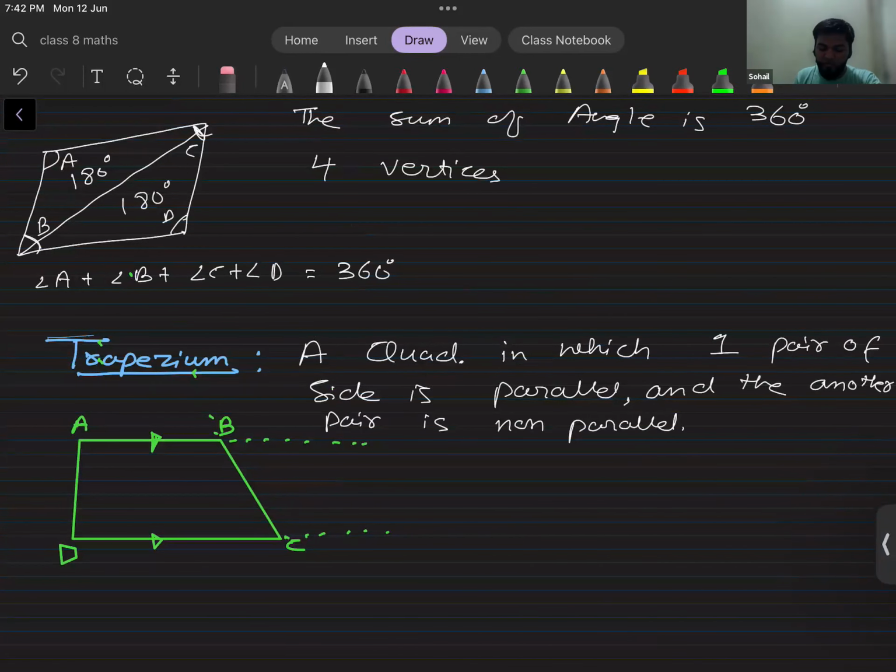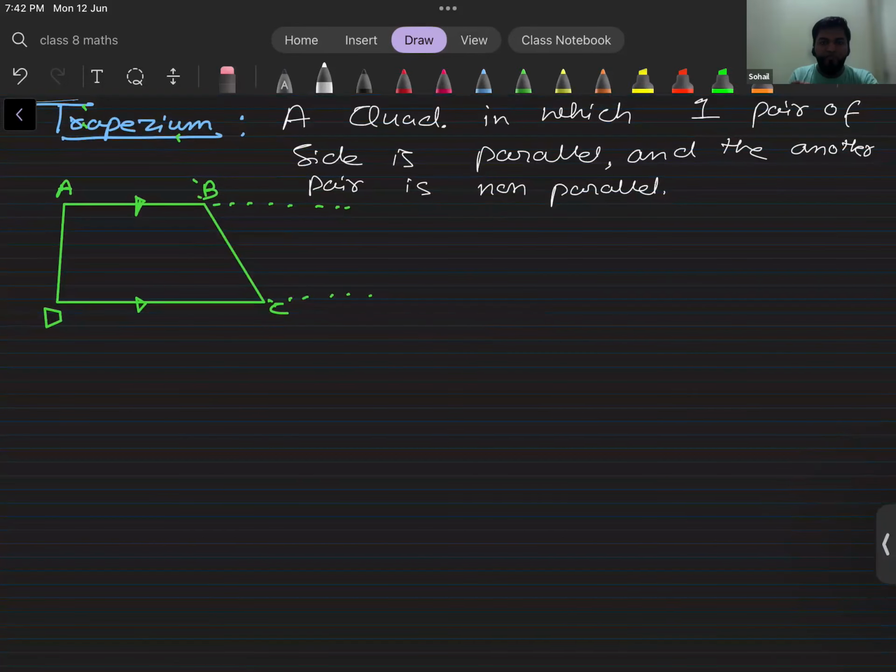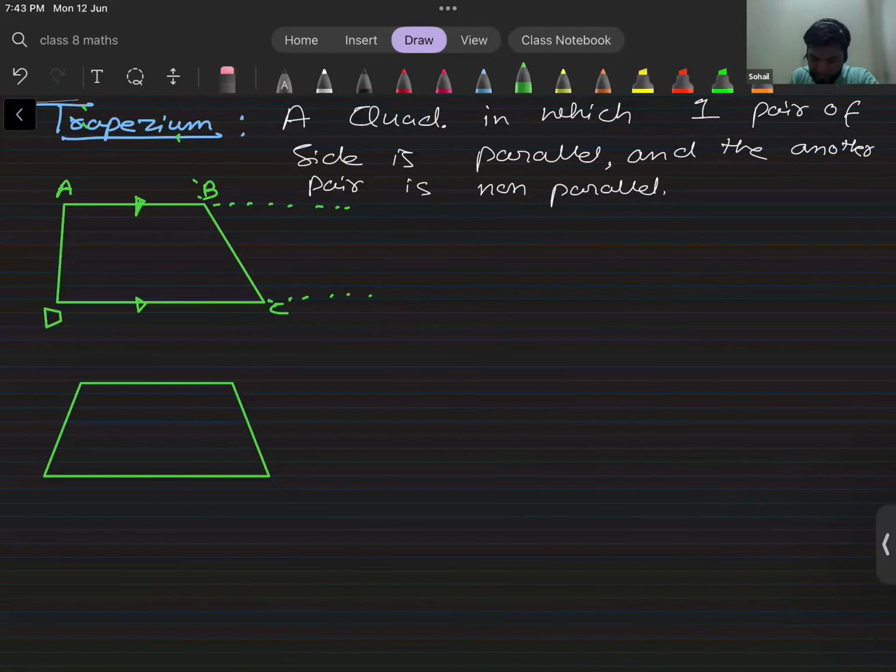Okay, and one more thing you will observe: there is a category of trapezium in which the non-parallel sides might be of equal length also. Look, you can have a trapezium like this. Notice in this the measurement of side AD and side BC, they are looking the same here, right? Yes, sir.